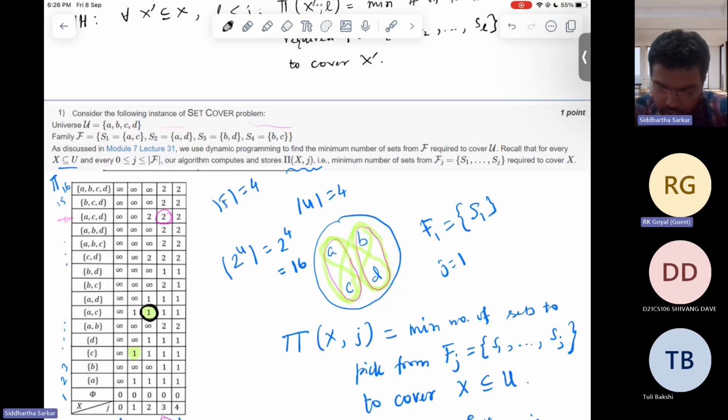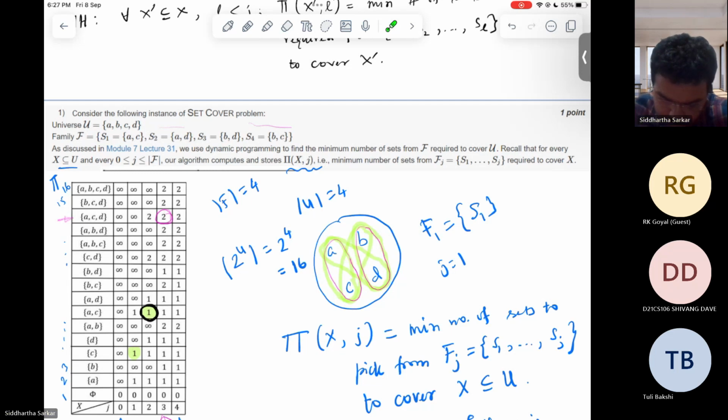Now, if we do not take S3, that means we have not covered anything. So we have decided that S3 is not going to be taken. So now we are allowed to take up to S2 only. But we are still looking for covering ACD. So with ACD and 1 and 2, we can take either S1, S2 or both of them, and we are willing to cover ACD.